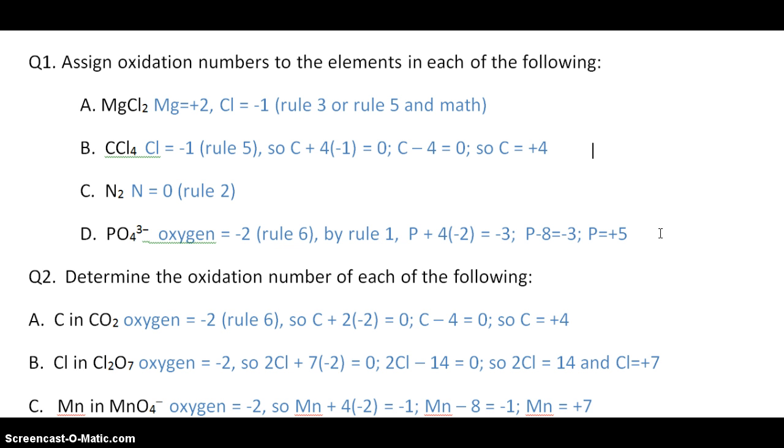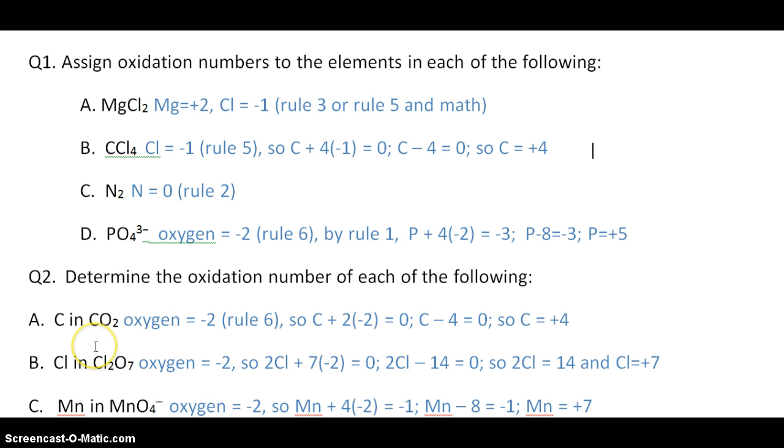So 2 times the oxidation number of chlorine plus 7 times the oxidation number of oxygen has to equal 0. You find out that 2 times the oxidation number of chlorine minus 14 is equal to 0. Add 14 to both sides, we find out that 2 times the oxidation number of chlorine is equal to 14. Divide both sides by 2, and we find out that each chlorine has an oxidation number of positive 7.